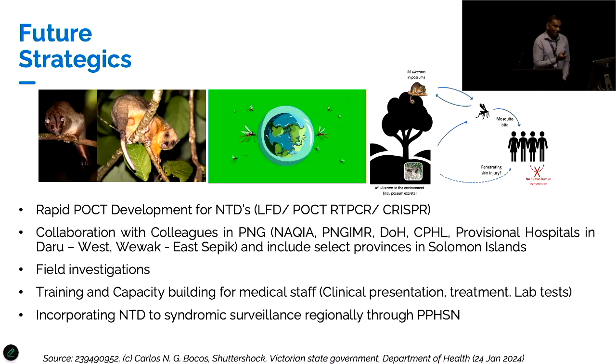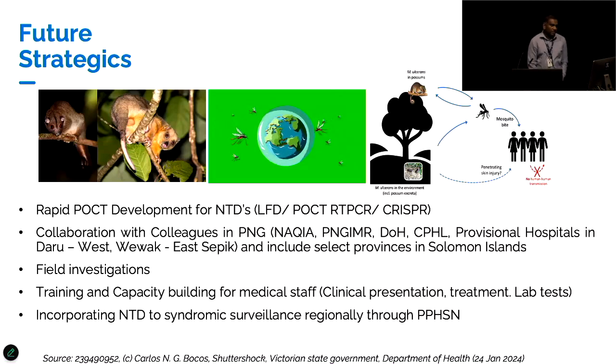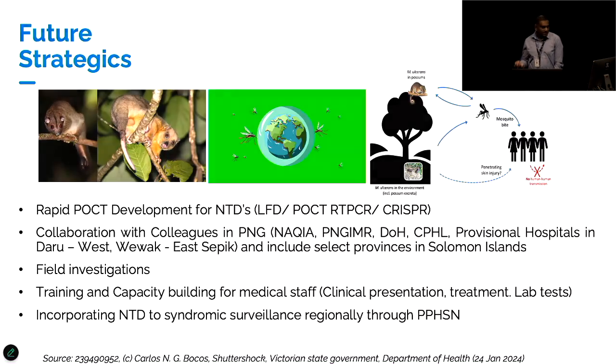This is the last slide. We need to collaborate further with our colleagues in PNG, do a bit more field investigation, look at collaborative grants to work in that space, and provide training and capacity building for medical staff, including detection of case presentations. We could also incorporate neglected tropical diseases into syndromic surveillance regionally through the PPHSN network that already exists.